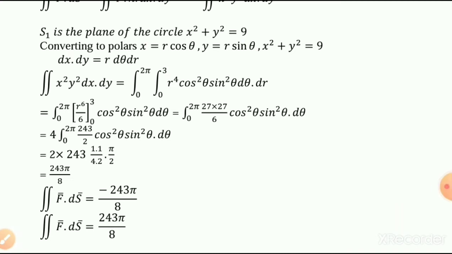The integral becomes the integration from 0 to 2 pi, integration from 0 to 3, r to the power 5 cos square theta sin square theta d theta dr.